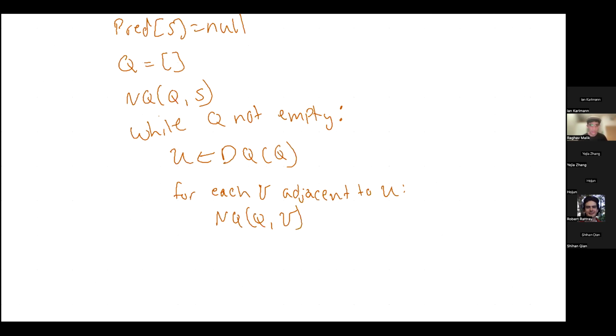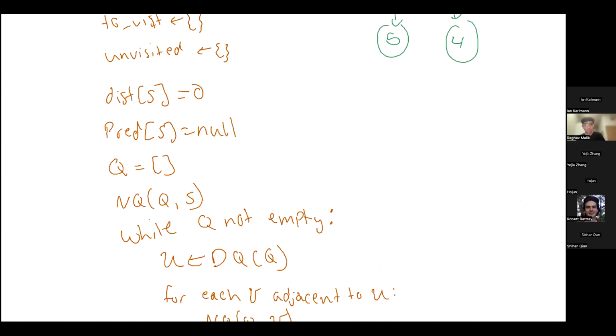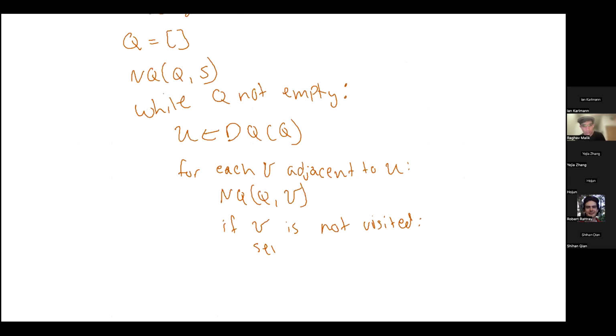And then if v is not visited, to visit dot add v.